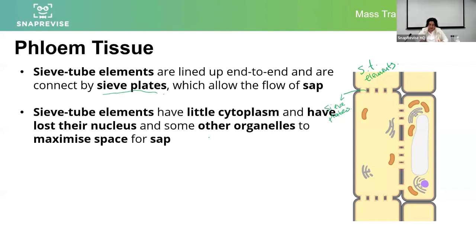They have little cytoplasm, and they have also lost their nucleus and many of their organelles to maximize space for sap. Remember that sap is basically water and assimilates, right? Let me just write this here for you. Sap is water plus assimilates, which in turn are sucrose and amino acids.